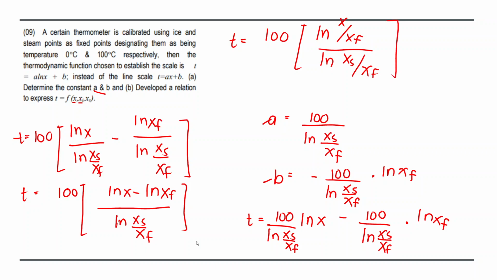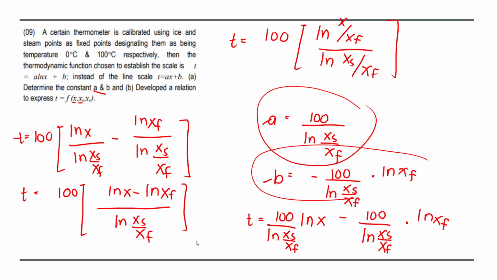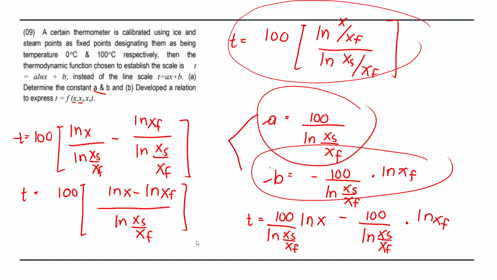Okay, so this is our final answer. This one, and this one. Okay, ito yung sa letter A, constants A and B, and then letter B, which is the relation to express this one. Okay, so ganyan siya.